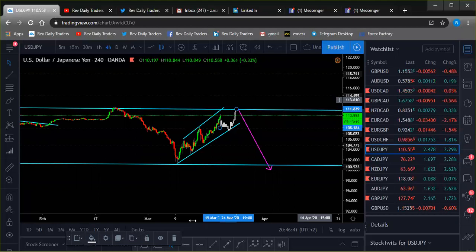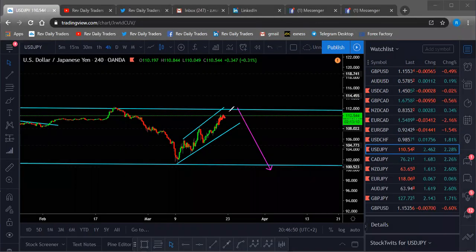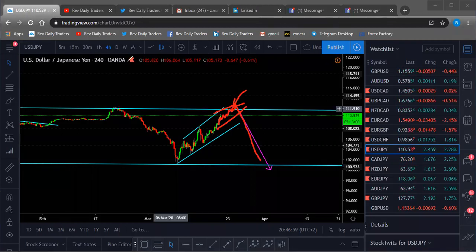So at the moment, it gave us, it moved slowly, slowly. It can move like this, then look for sell here from top, okay. Go to lower time frame to check.